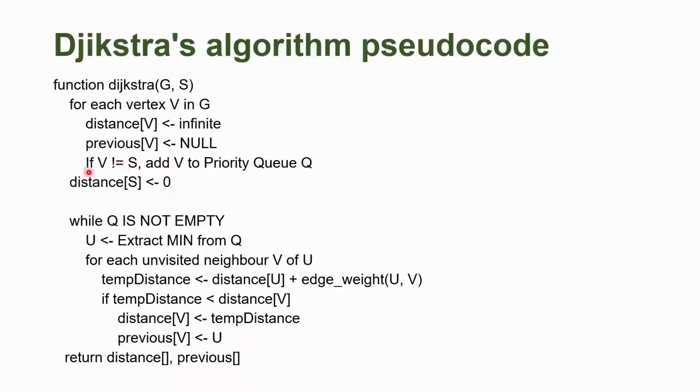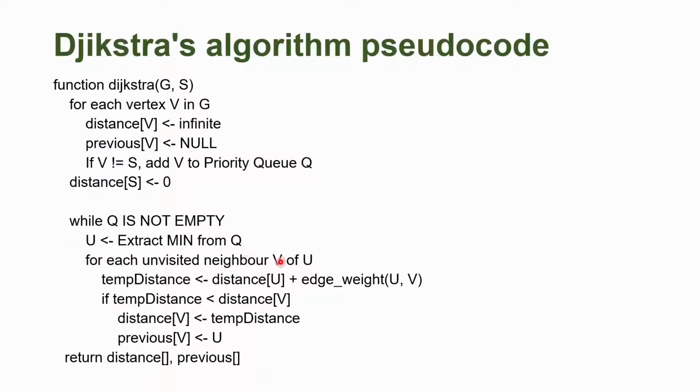So if v is not equal to s, add v to the priority queue, which is Q, and the source distance should be 0. The next condition is the queue should not be empty. So here we are going to use a while loop to execute this. From this line you can easily understand why we are using this.